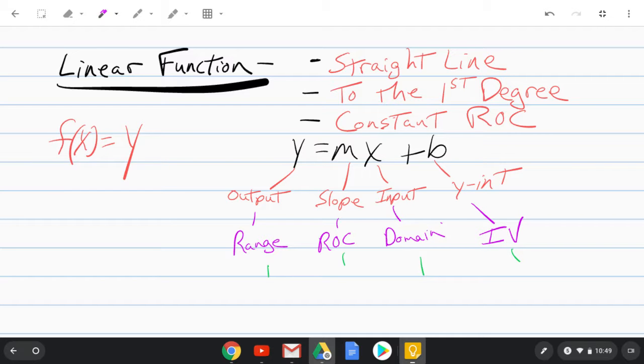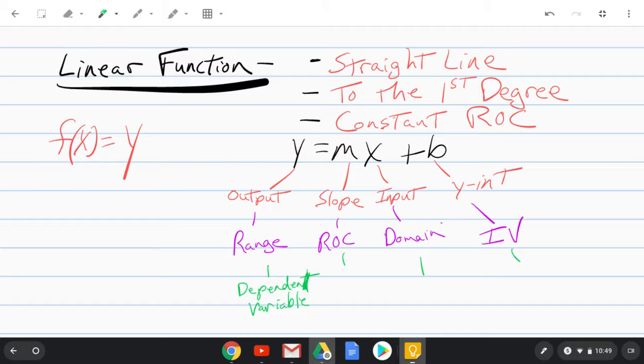I'll bet we can get one more name for each of them. Another name for output. Not independent. Dependent. Dependent variable. Another name for rate of change.